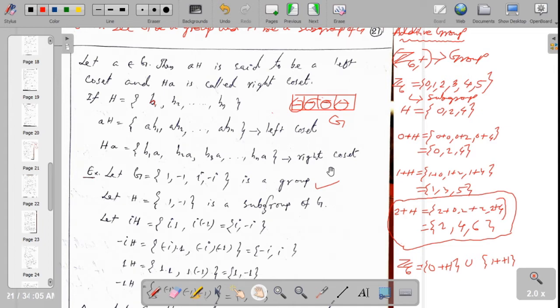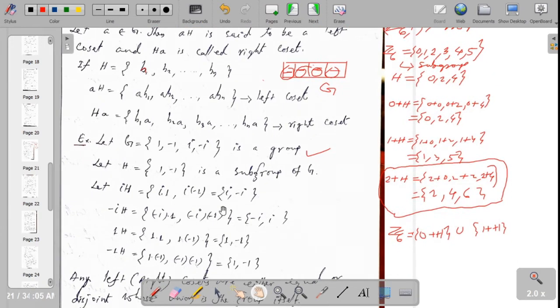So let us take a concrete example. We know that G is a multiplicative group. So let us take one subgroup of G. You can check this is a subgroup. Now we are going to find the cosets with respect to this subgroup.